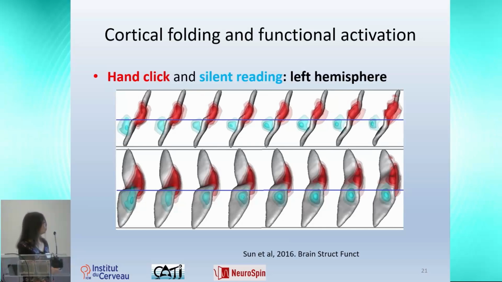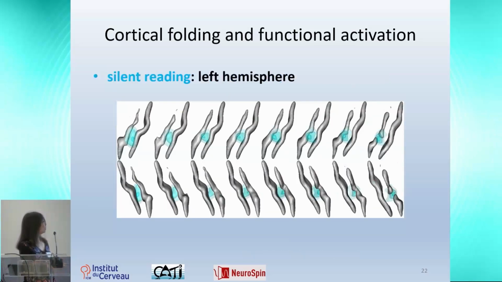It goes up, and so it confirms that there's some truth in the variability, and it follows the activation. But then when you look at the silent reading activation, it looks like it's going away from around the second knob. But when we look actually at the precentral gyrus, if we plot also the precentral sulcus, you can see that the activation is actually moving into the interruption.